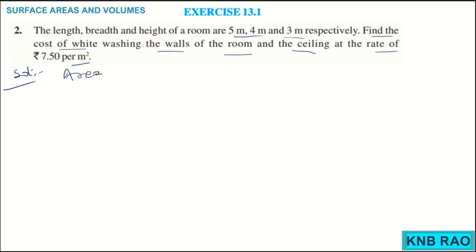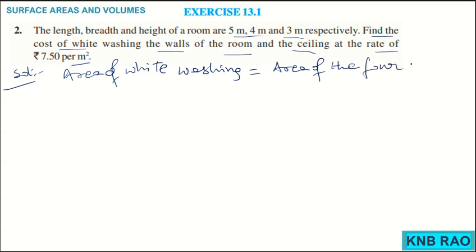So, area of whitewashing is area of the 4 walls plus area of the ceiling.